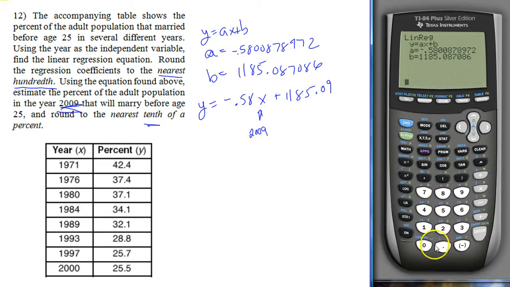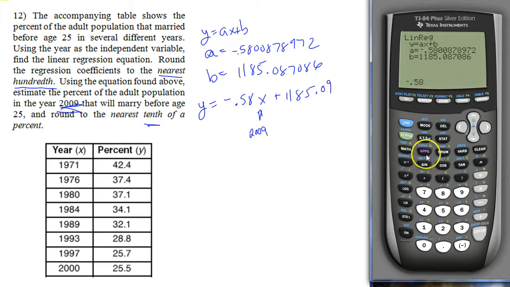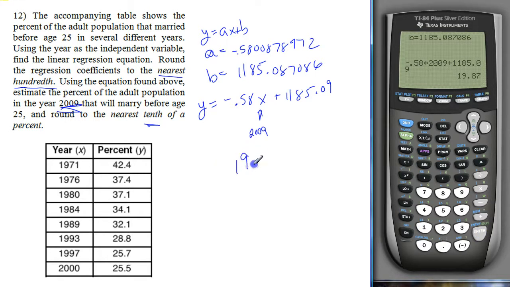So I'm going to just type this in, so negative 0.58 times 2009 plus 1185.09, and it comes out with 19.87. So actually, when I gave you that answer before, to the nearest tenth, it should be 19.9. 19.9 is the percentage.